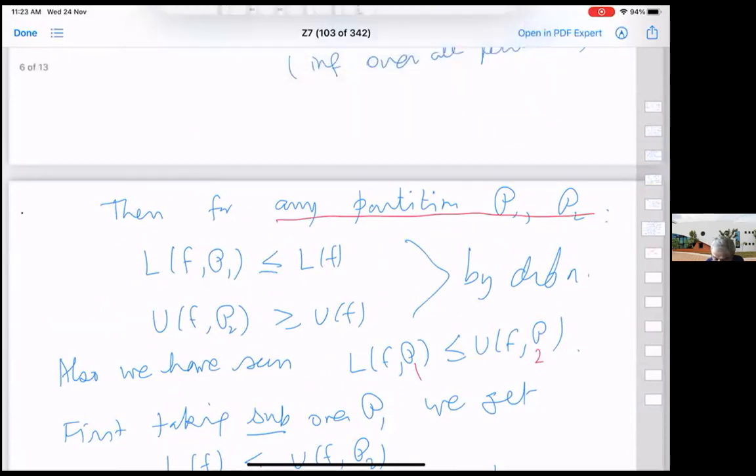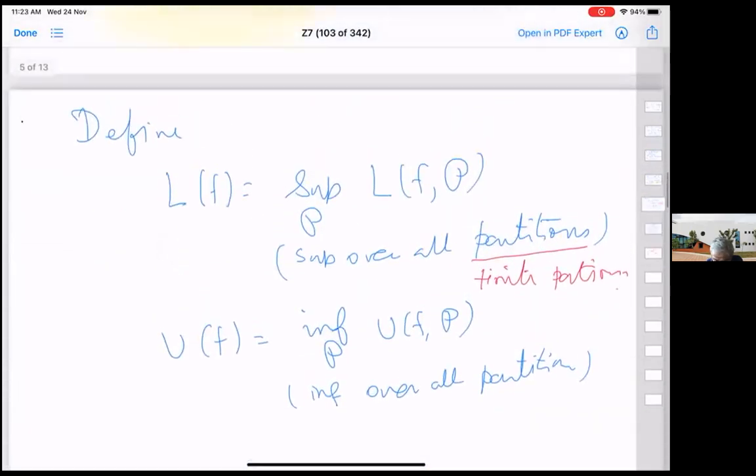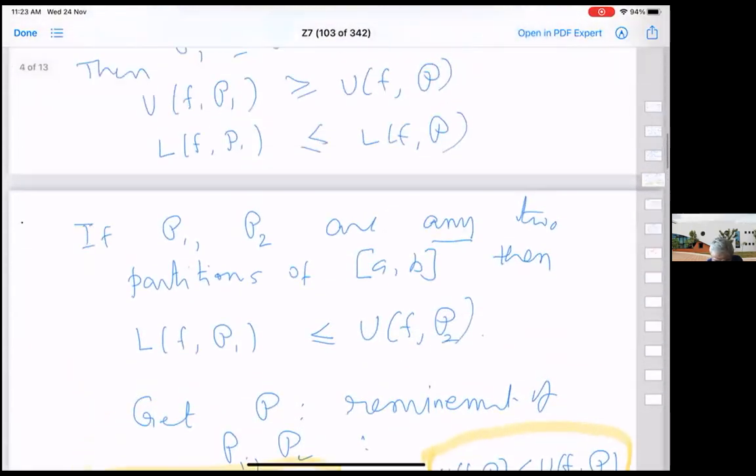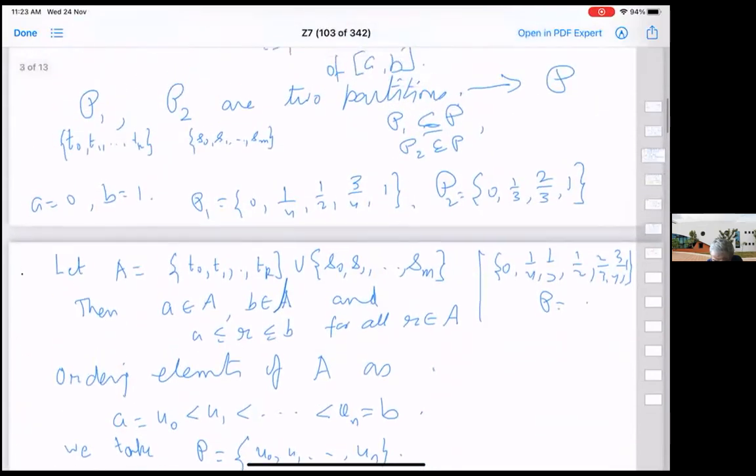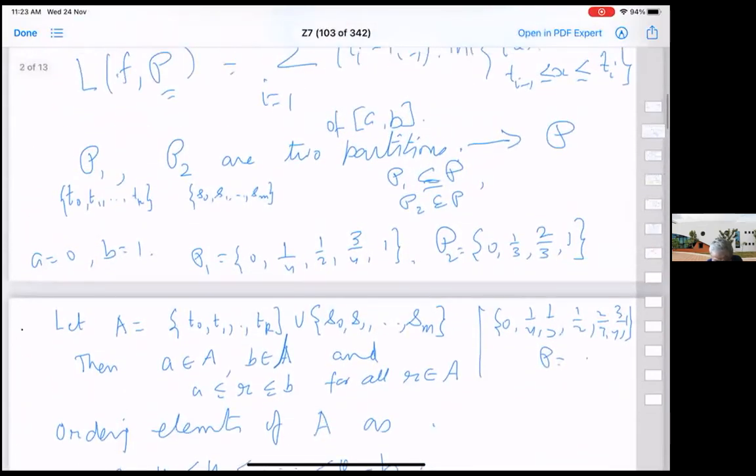So it looks like there's some confusion. Let me repeat. Let's go back to this example of P1 and P2. They are totally unrelated, right? And we have said that given any two which are unrelated, we can create a common partition, which is a refinement for both of them.